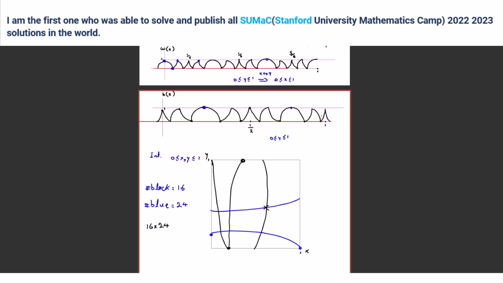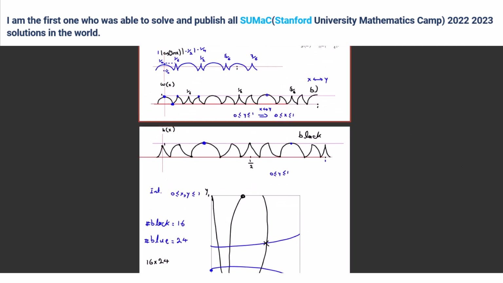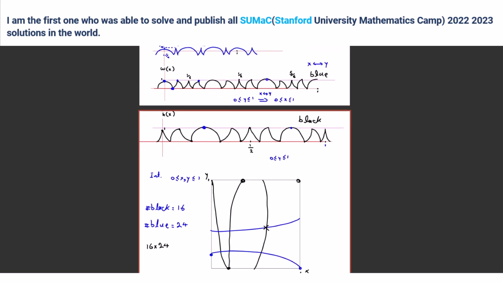If I consider the last line here, we said these lines are blacks, right? This is blue. If you consider our black, it would be something like this, right? For this point, this last line. Agreed.